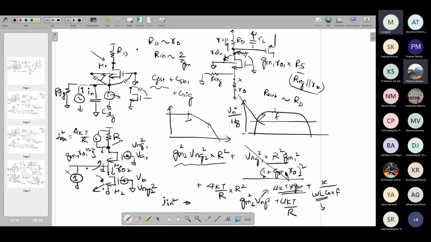When you integrate this curve, suppose the signal bandwidth is from here to here, we integrate this noise, Vn squared per hertz. Then we get, within this entire bandwidth of interest, the noise contributed by the device, by the amplifier itself. So that concept also should be known.